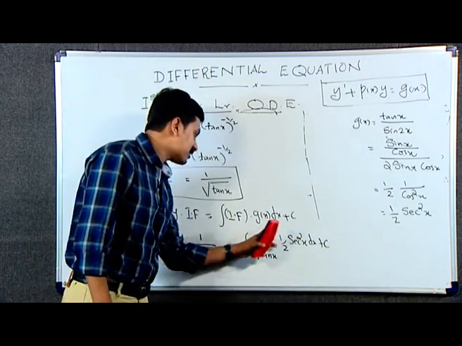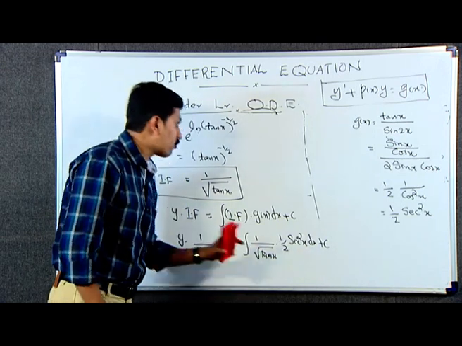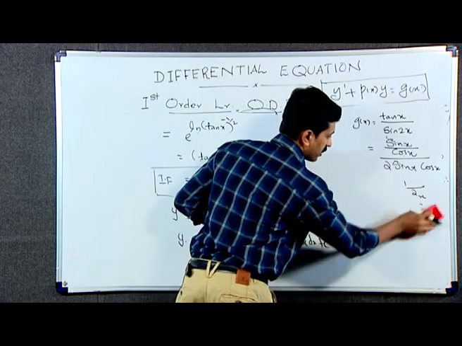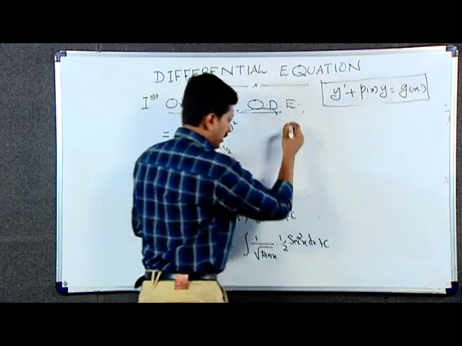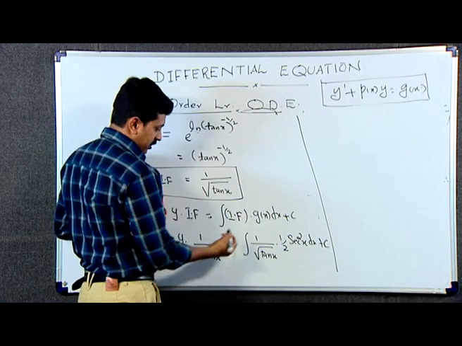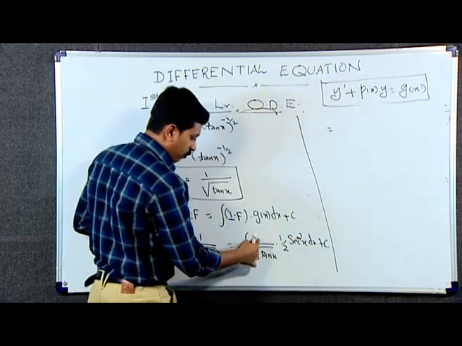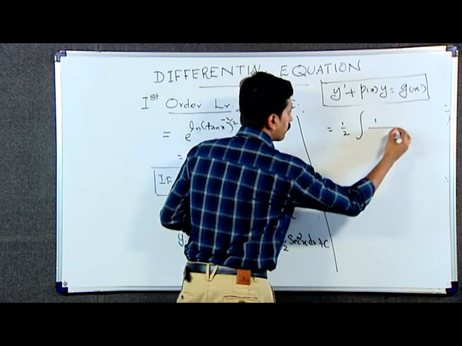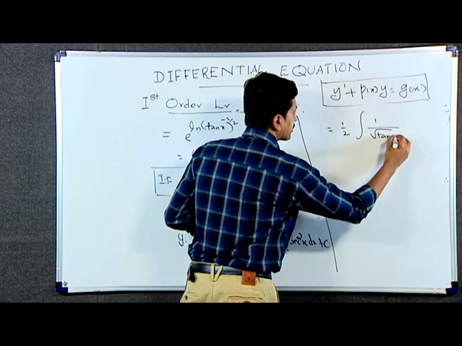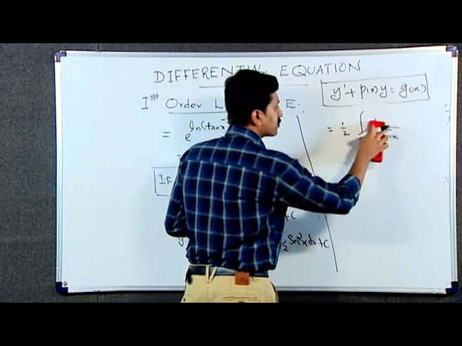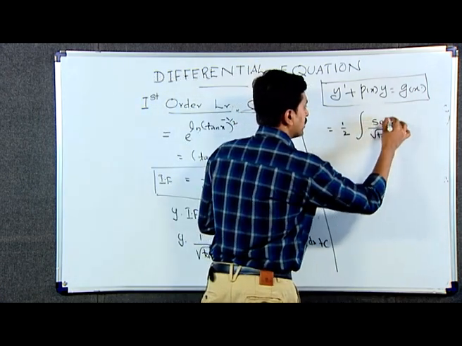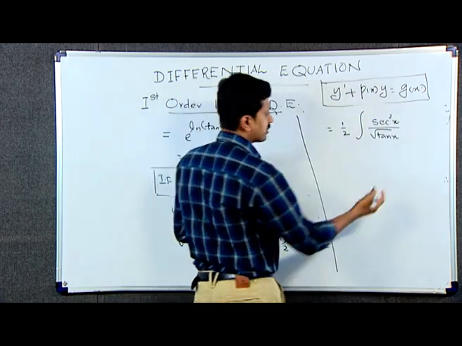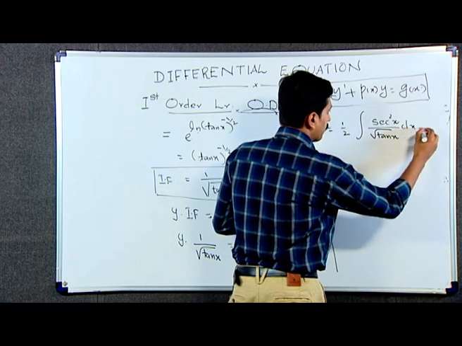Inside this integral we have 1 by 2, and we can take the 1 by 2 outside. So this is equal to 1 by 2 into integral of 1 by root tan x into sec square x dx. Therefore, sec square x divided by root tan x dx plus c.